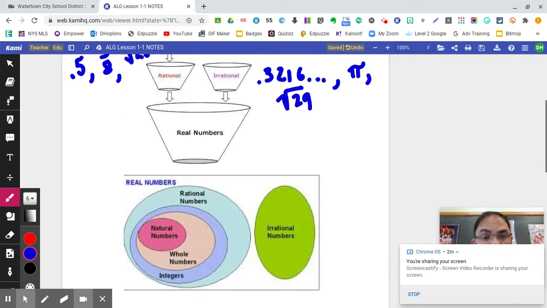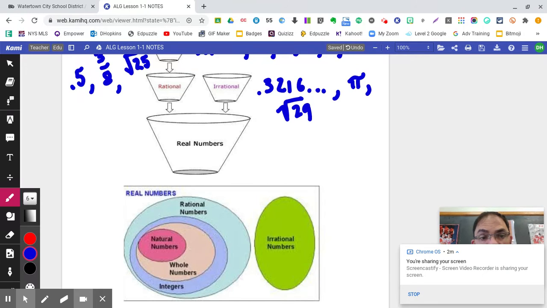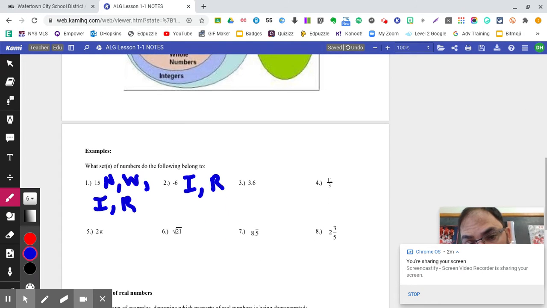Decimals, we found those in rational numbers. Fractions were in the rational numbers. Remember, any number with pi in it was irrational. Any square root that's not perfect, also irrational.